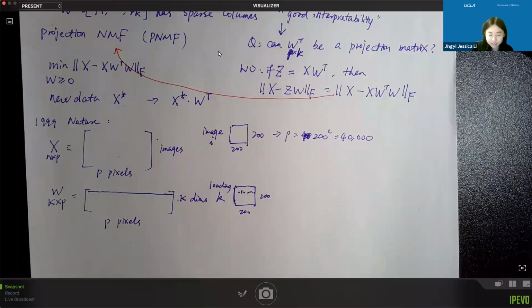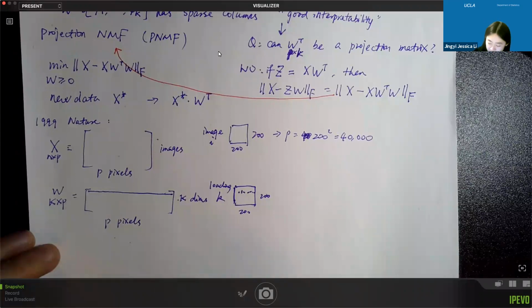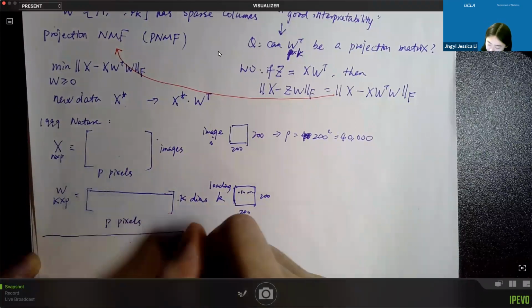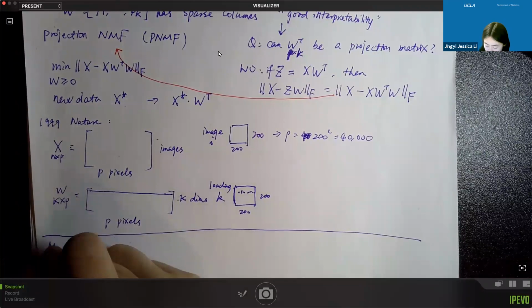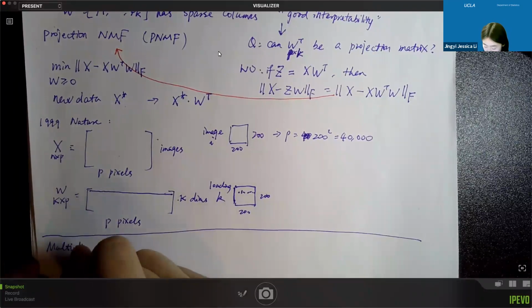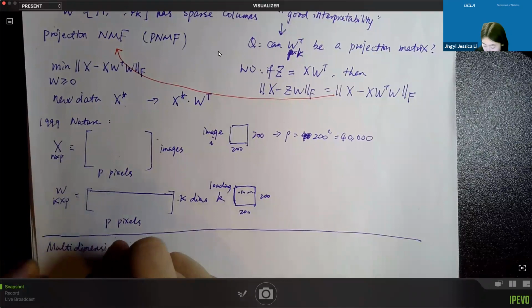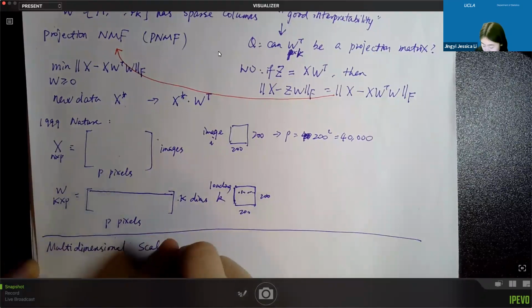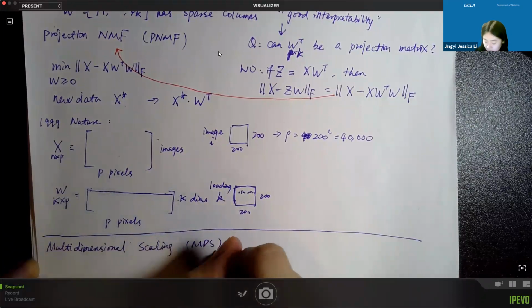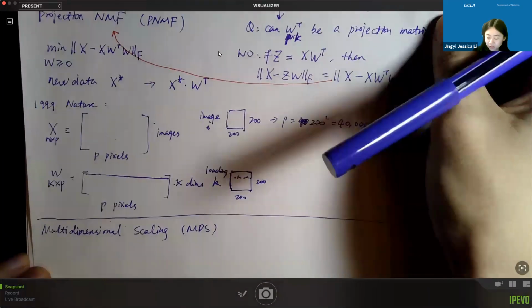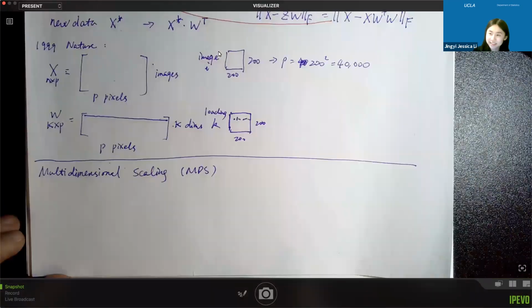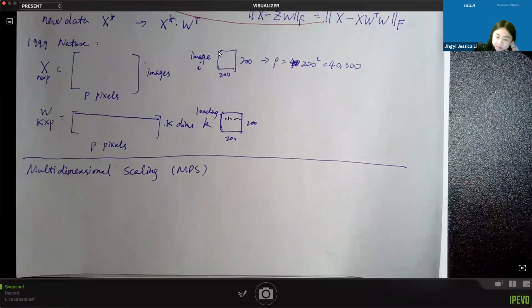Okay, so that's NMF. The next thing I'm going to introduce is what we call multidimensional scaling, short as MDS. This is a very useful and classical method. I would say this is as important as PCA, but many people didn't learn this as much.